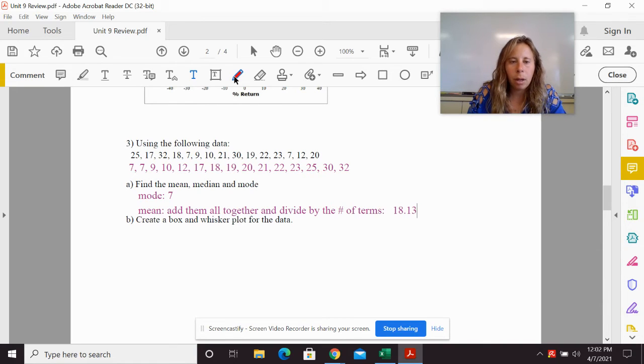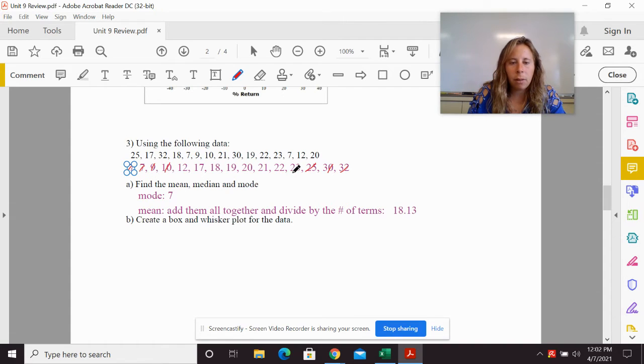So, oh, it's not going to let me write over it. Maybe it will. Aha, so nope, nope. And then you just keep going. Second lowest, second highest, second lowest, second highest. Oh, sorry, that was third.